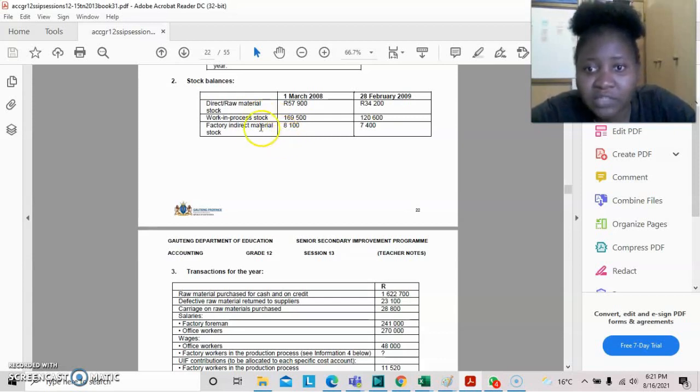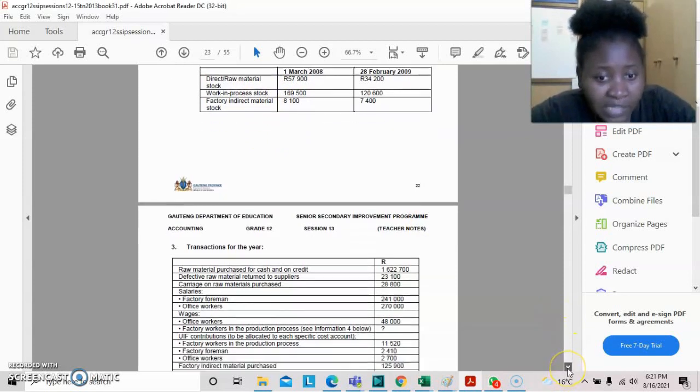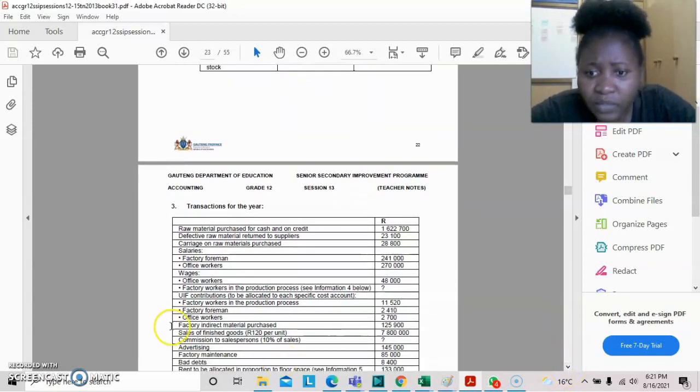It means that for indirect material, we are going to say opening balance, which is 8,100, plus any purchases. The purchases that we had were 24,900 for factory indirect material purchase, right?